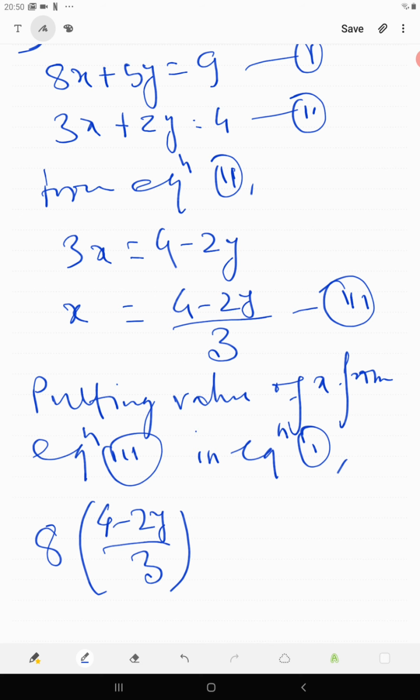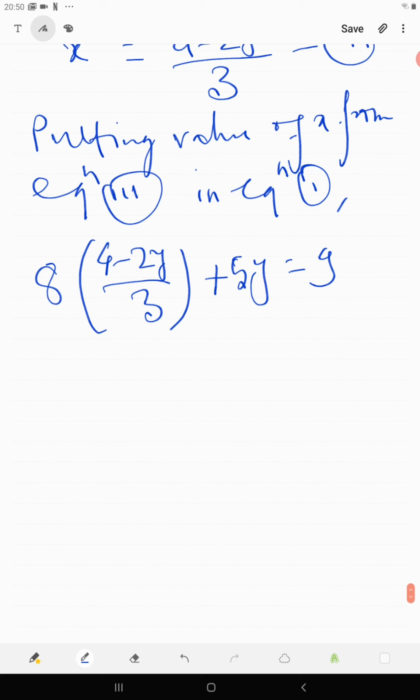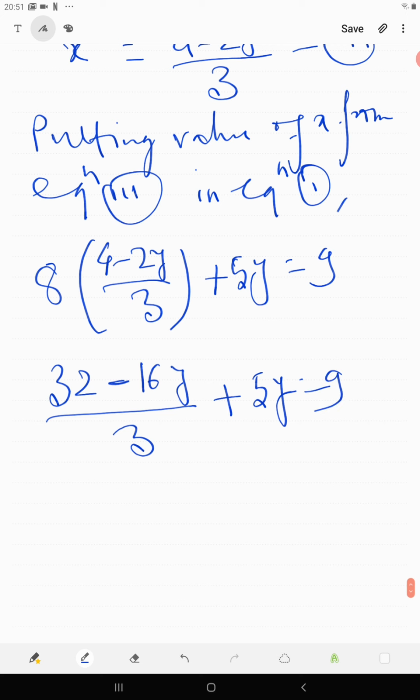Then plus 5y equals 9. So what are we getting? 8 will be multiplied with 4 and 8 will be multiplied with minus 2, correct? So it will be 32. 8 into 4 is 32, then minus 8 into 2 is 16y, divided by 3, plus 5y equals 9.